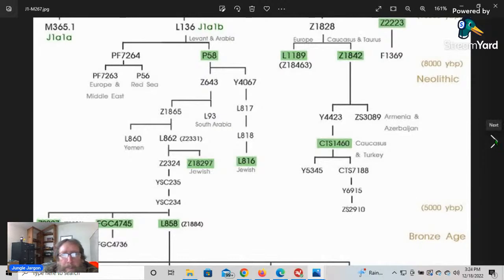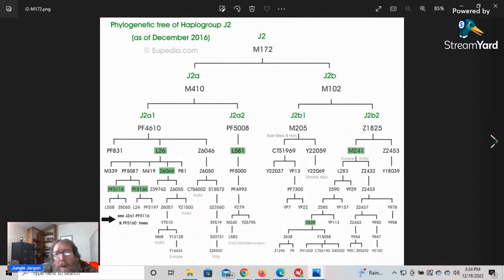Anyway. And the J2 M172, which is one specific group of J2. It's only one part of J2. Could probably be descendants of David and Solomon. Maybe this is David and Solomon. I don't know.